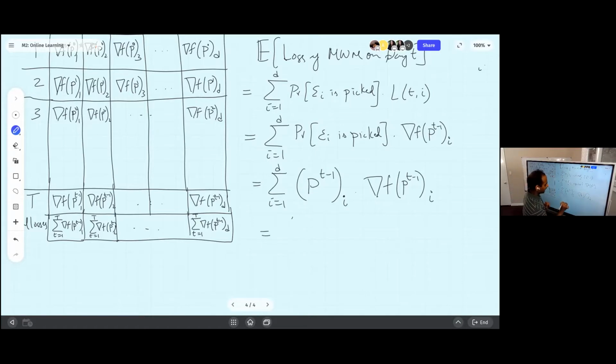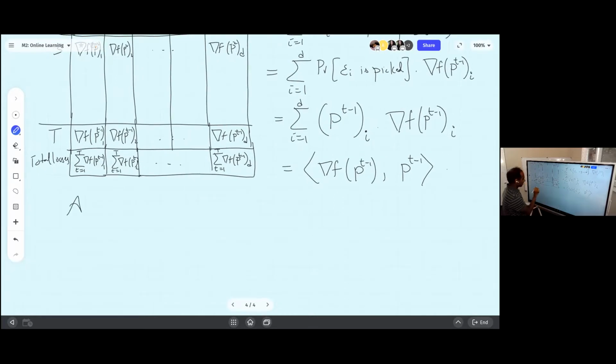More compactly, I can write this as the inner product of the gradient at p t minus 1 with the probability vector that you had at the previous iterate. So this is the expected loss of multiplicative weights update on each day.